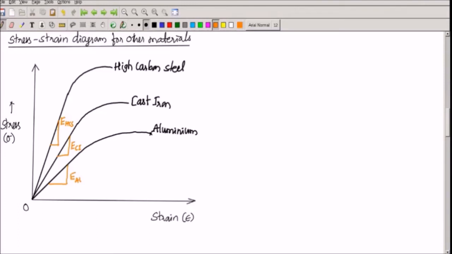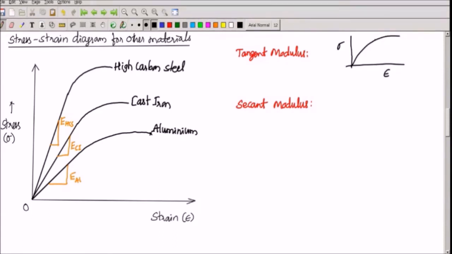Along with Young's modulus, you have two more parameters. One is called tangent modulus and the second one is called secant modulus. For any material, after drawing the stress strain diagram, at any point on this diagram, I'll show it in a different color, pink color. I am marking this point P. If I draw the tangent, we know how to draw the tangent to a curve.